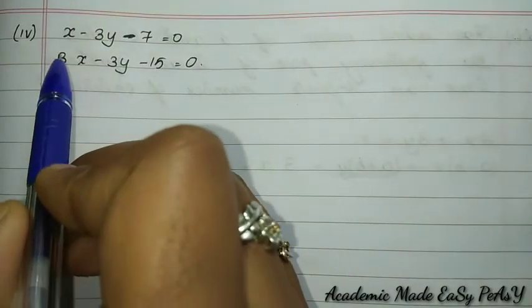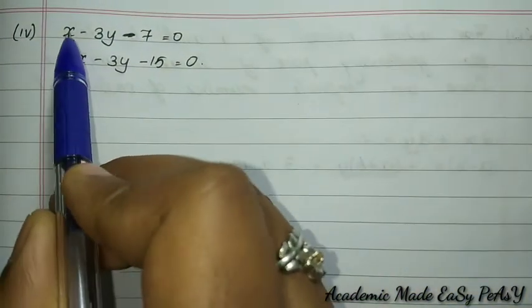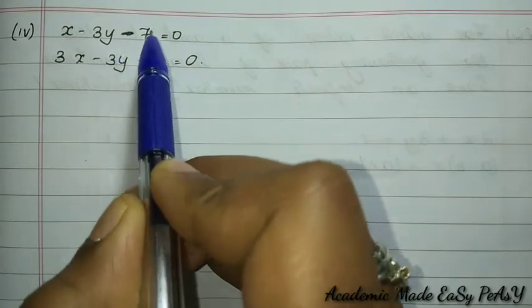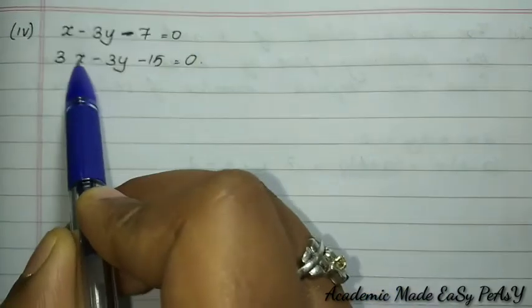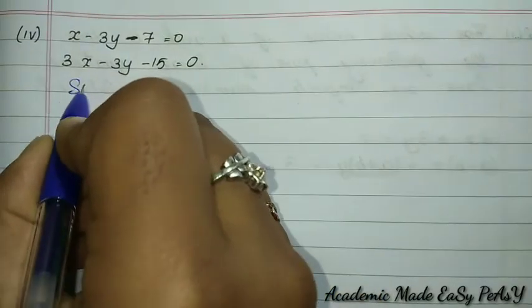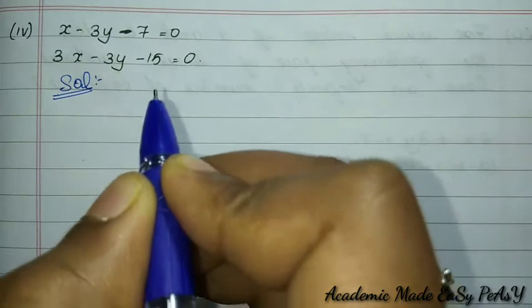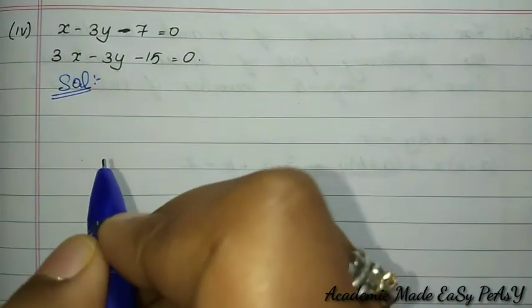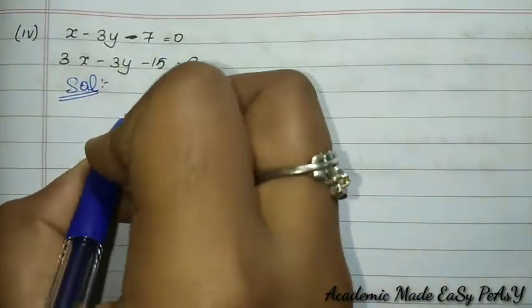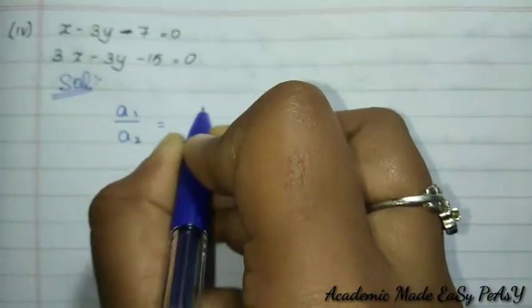Subdivision 4, there are two equations given, that is a pair of linear equations: x minus 3y minus 7 is equal to 0, and 3x minus 3y minus 15 is equal to 0. Solution: since the given equations are in standard form, directly we can start finding the ratios. A1 by A2 is equal to 1 by 3, that is the ratio of x.